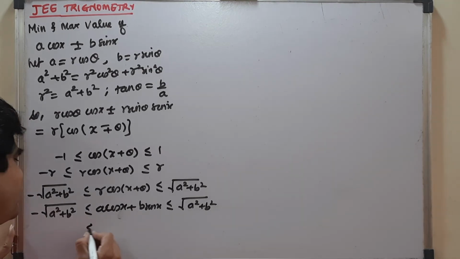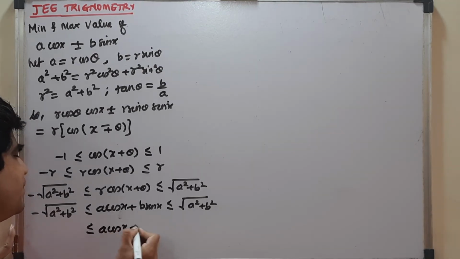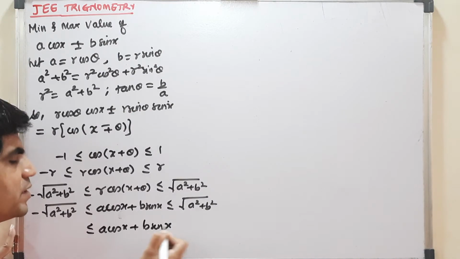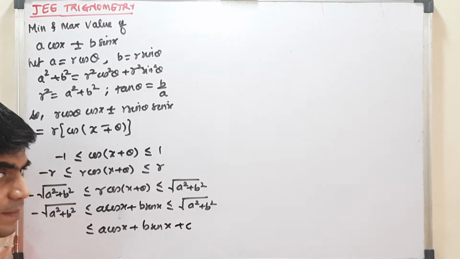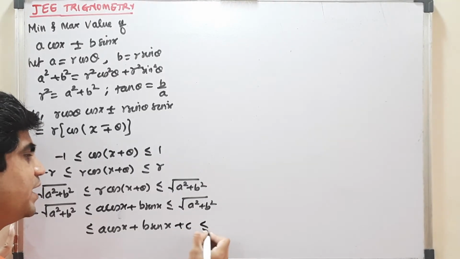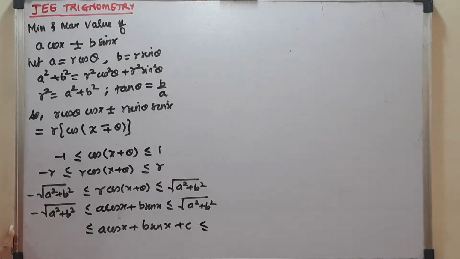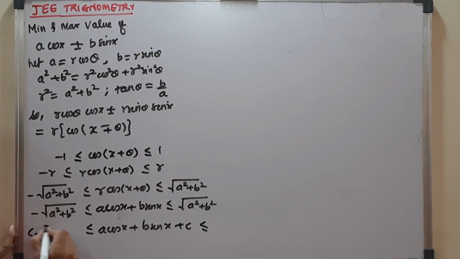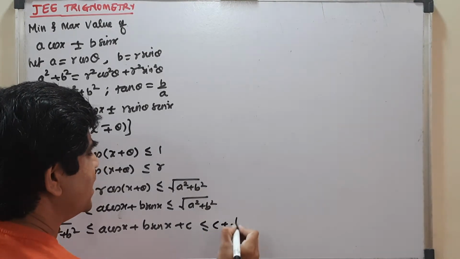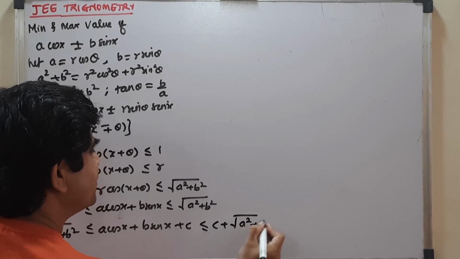Now suppose you have a cos x plus b sin x plus c. Then it is very clear that the range becomes c minus under root a square plus b square to c plus under root a square plus b square.